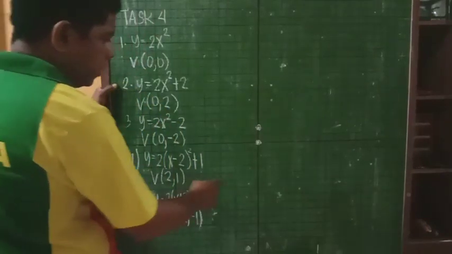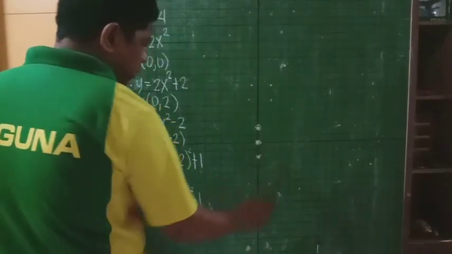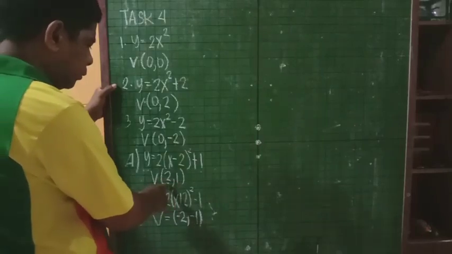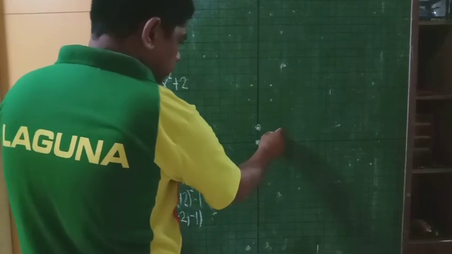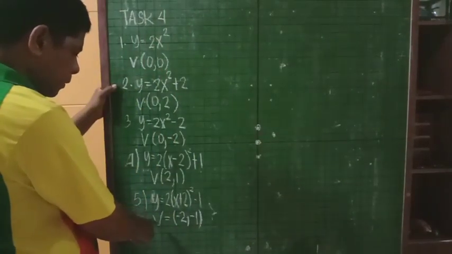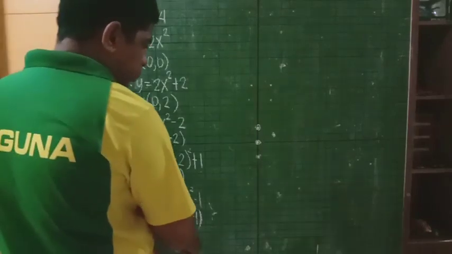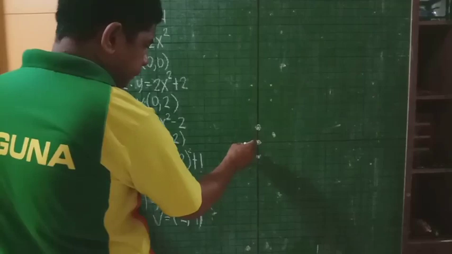Number 3, we have (0, -2). Number 4, our vertex is (2, 1). And number 5, the vertex is (-2, -1).